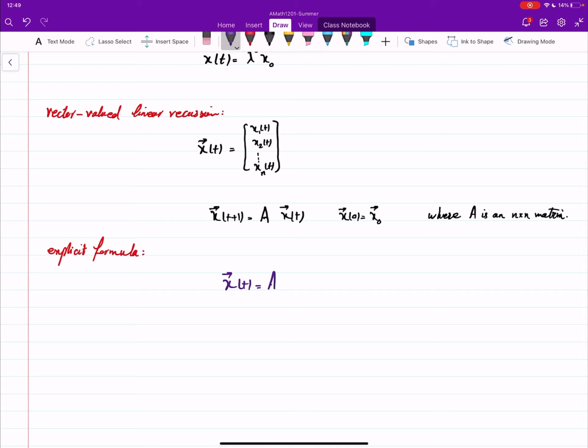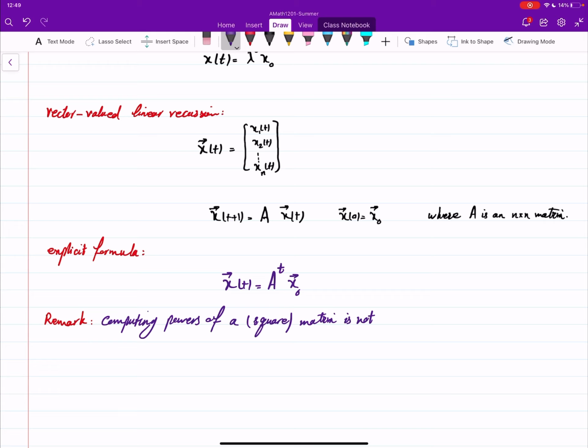Instead of lambda, now you have matrix A, and lambda to the power t will turn into A to the power t times x0. The argument that we gave up there will work exactly here, but you have to be very careful. Computing powers of a square matrix is an expensive operation. In other words, it will take you forever to find A squared.